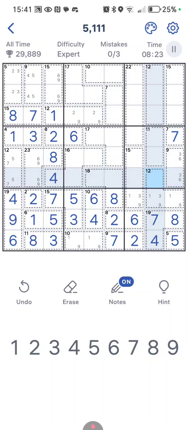Because... Oh, no, not 1, 3, and 9. 1, 2, and 9. Here, I think. So, 9 and 3 can't be 9 and 3. 9 and 1 would be 2. 3 and 1 would be 8. So that's not a 1, because 1 has to go in here.